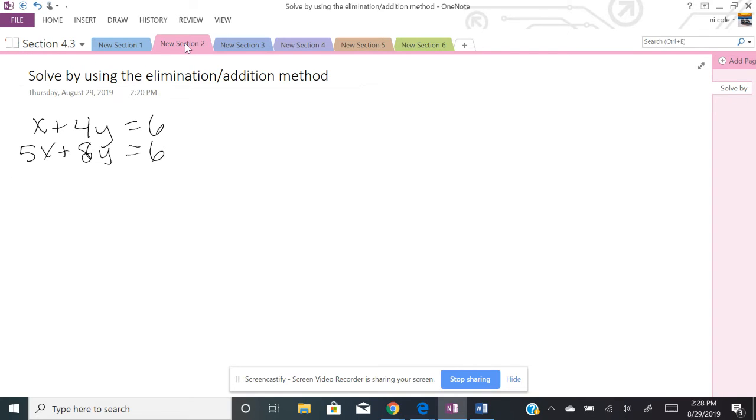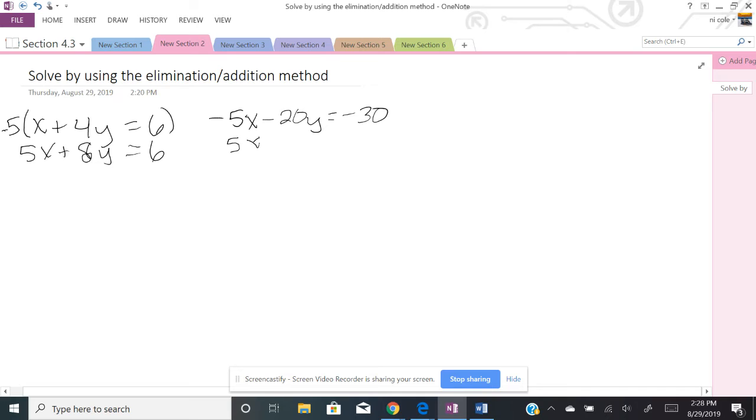All right, here. This problem's not quite as easy as the last one. My x values are not the same and my y values are not the same. So I need to do something to either my x's or my y's to make them the same. I'm going to take this first equation and make my x's the same but opposite. So I need to multiply by -5. That gives me -5x, then -5 times 4y gives me -20y is equal to -30.